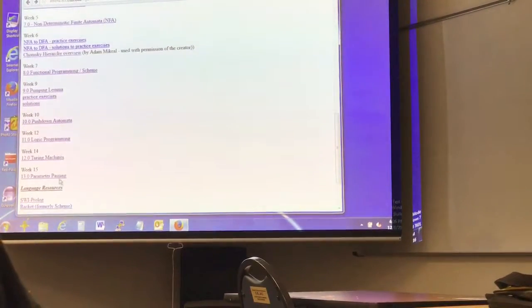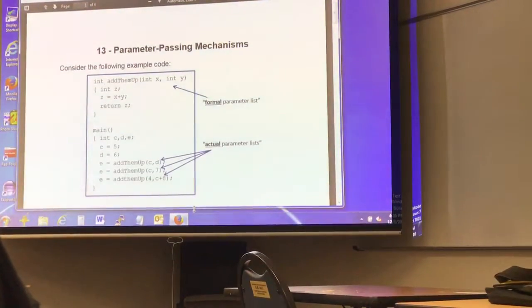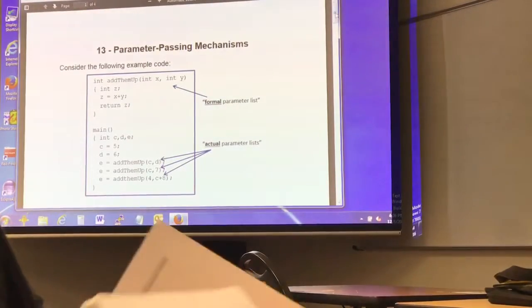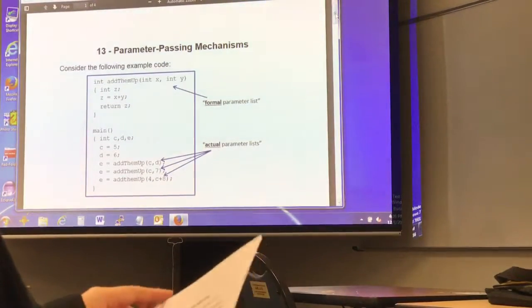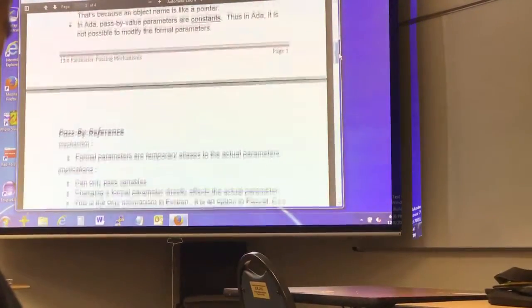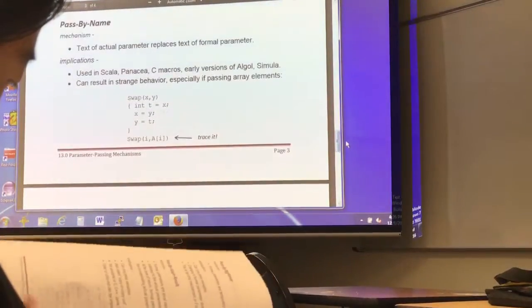And then the last section, parameter passing. If the way the class went this morning is any indication, this section is divided into four parts: pass by value, pass by reference, pass by value result, and pass by name.